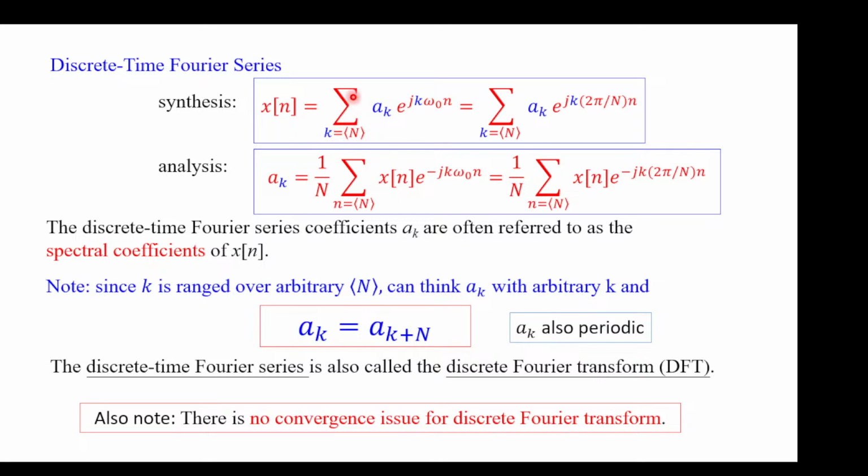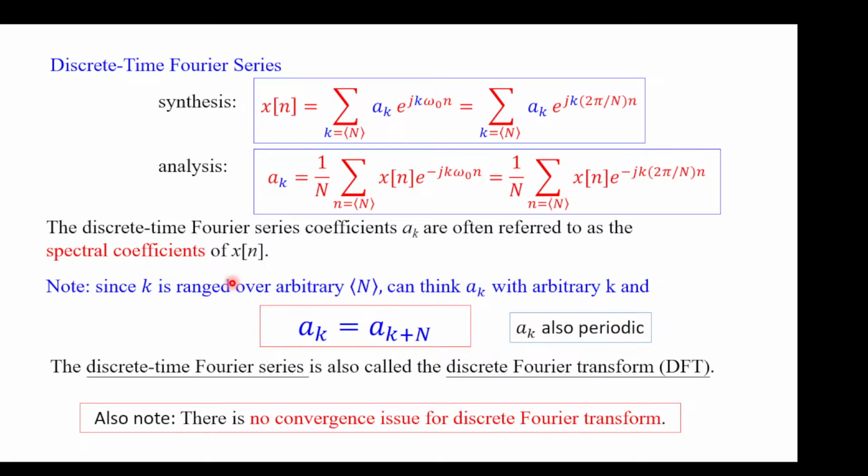So there is also something interesting that happens with this k. From before, remember we said that for the harmonic signals of the discrete case, this k only takes a range from 0 to big N minus 1.